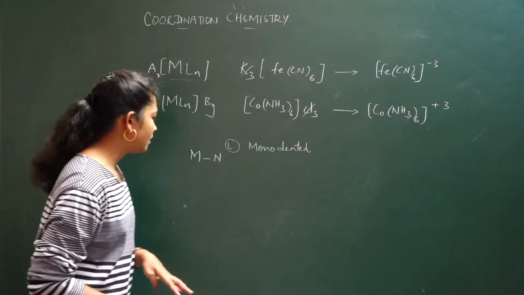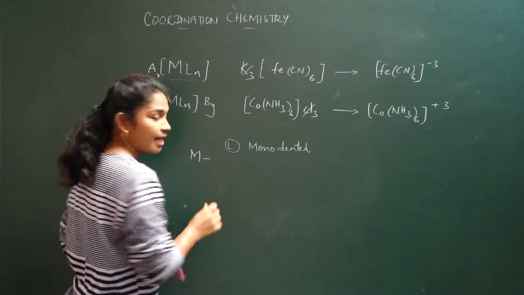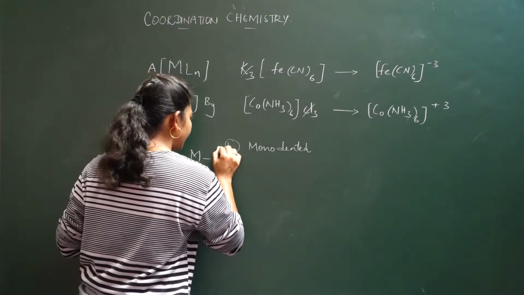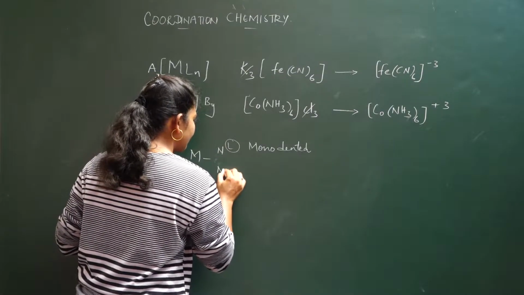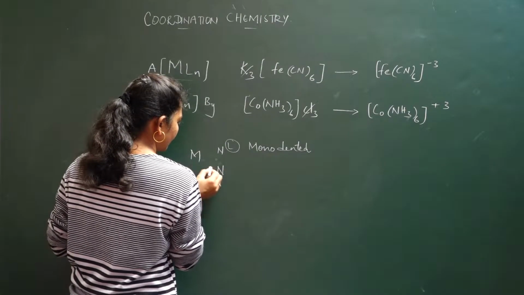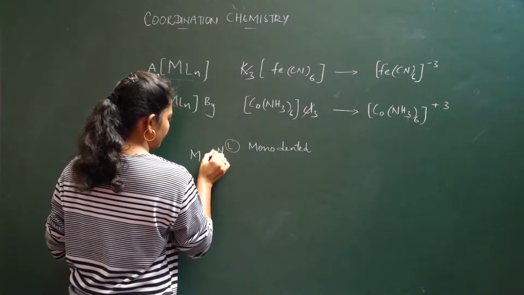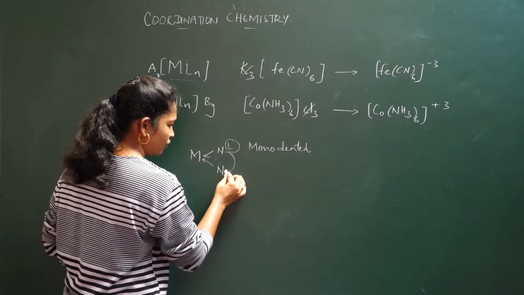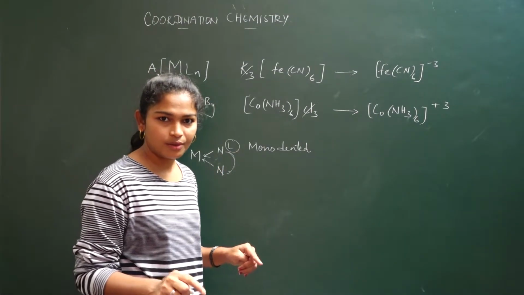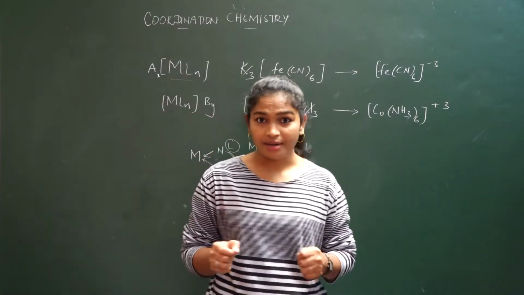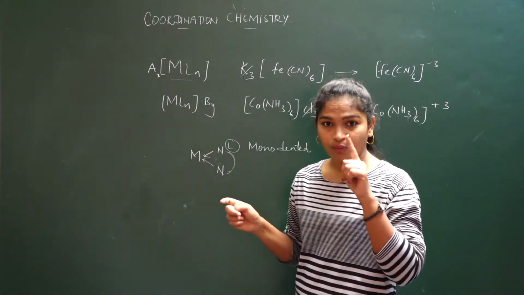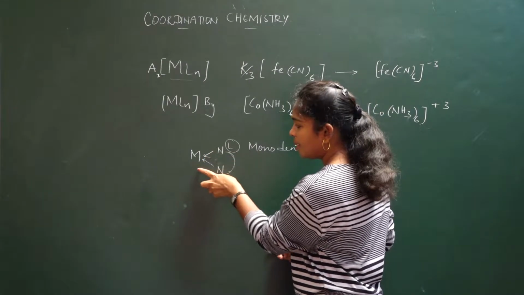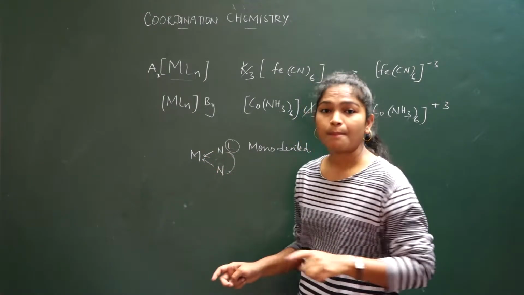Suppose from the ligand two atoms are connected, that means the metal is taking electrons from two atoms. These two atoms belong to one ligand only, but from one ligand two atoms are giving electrons to the metal. That we call bidentate.